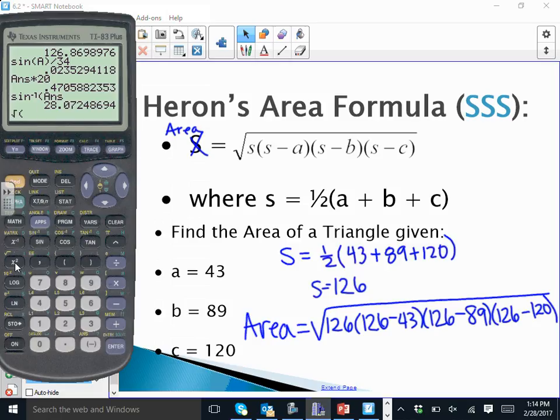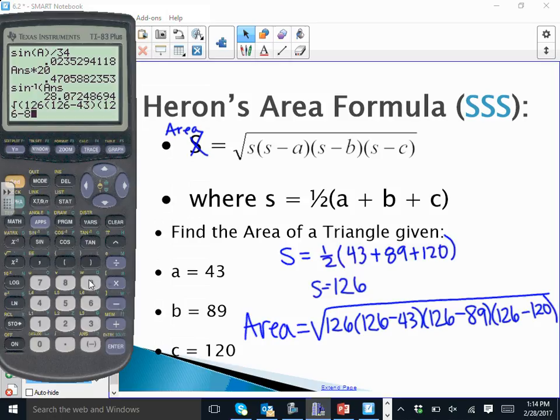The square root of 126 times the quantity, 126 minus 43. Close the quantity, times the quantity, 126 minus 89, times 126 minus 120. Okay? Many of you will put 126 minus 43 in your calculator anyway. You might as well only do it once. So just put it in your calculator the way that you see it to get our area.